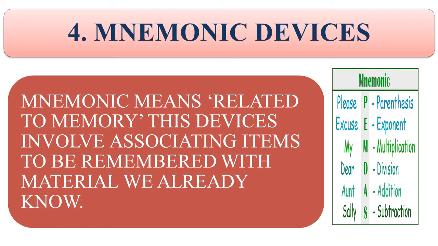The sentence includes verbal, numerical, memory, word fluency, reasoning, spatial, and perceptual speed factors of intelligence. So, mnemonic means retaining of memory. It is a device involving associating items to be remembered with material we already know.